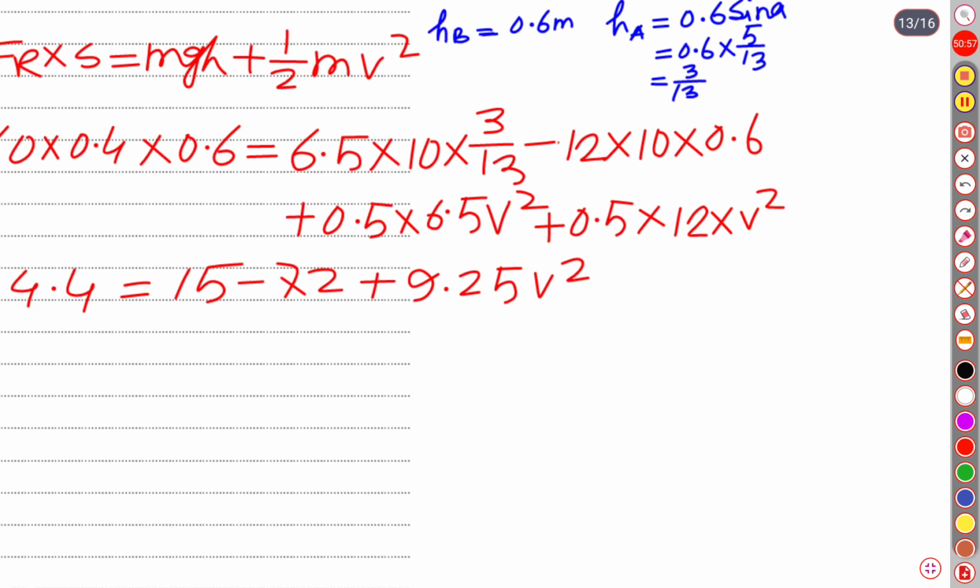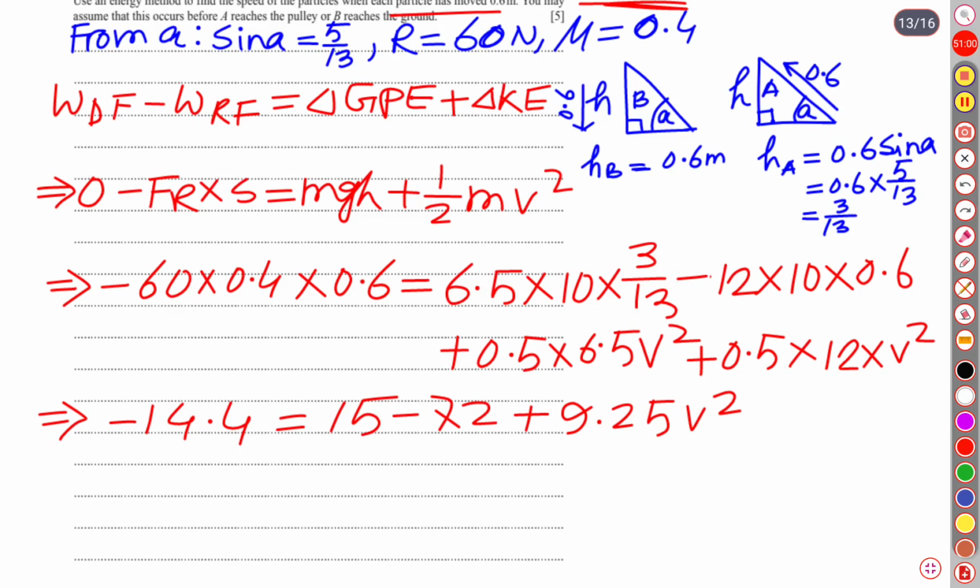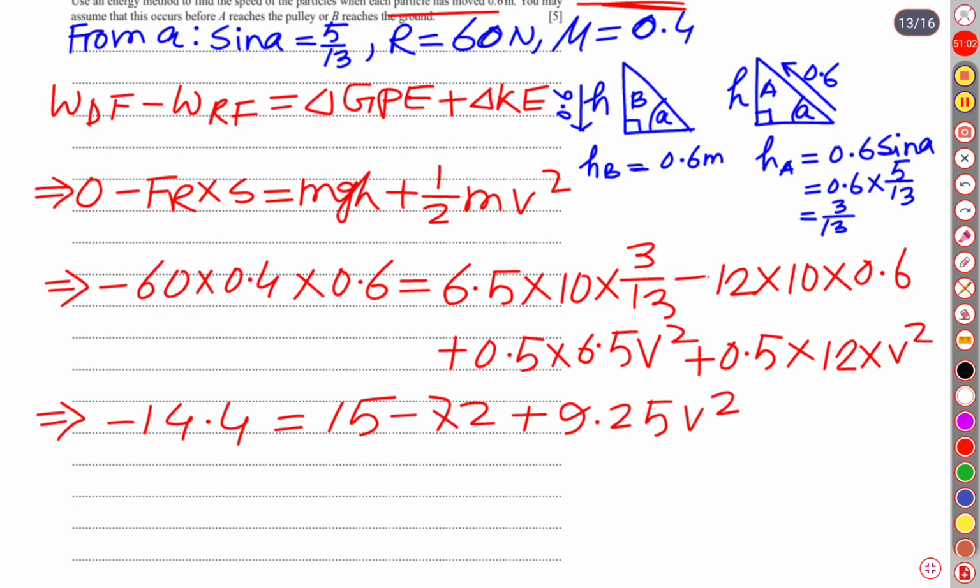So 9.25 v squared, if we simplify this, is going to be 42.6.